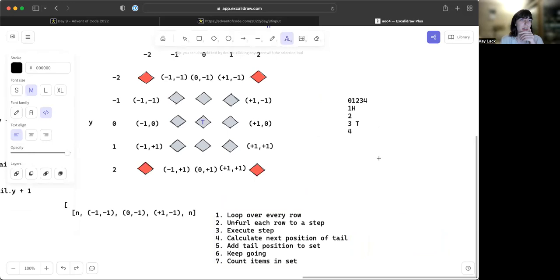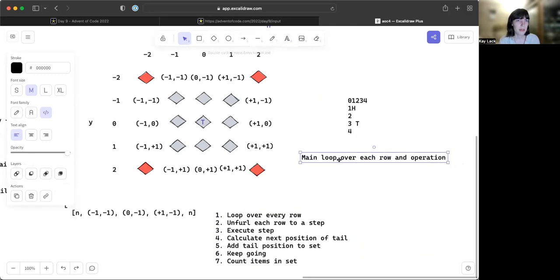And so for this, we're going to need a few things. We're going to need each row and operation.